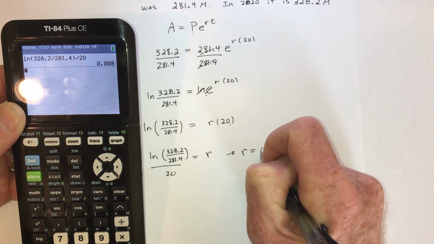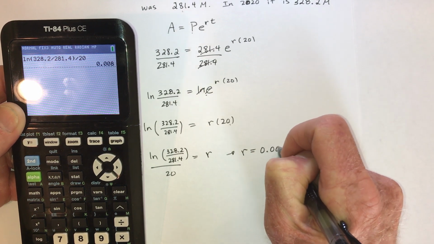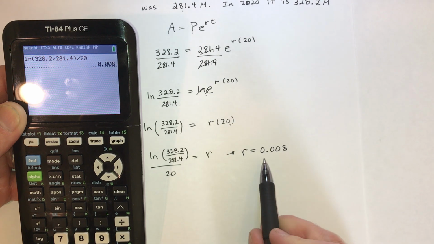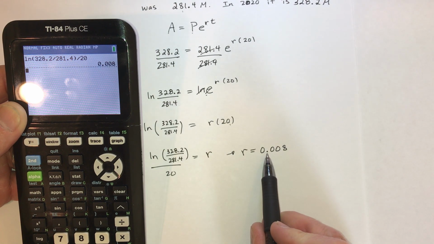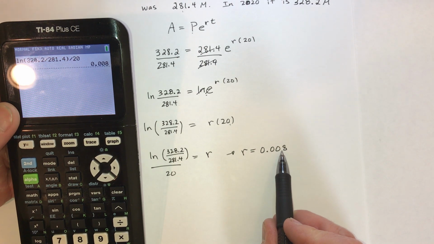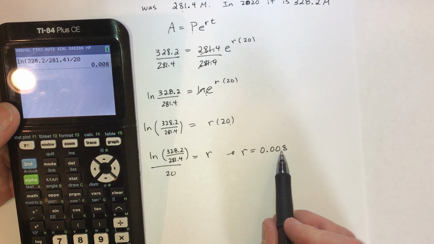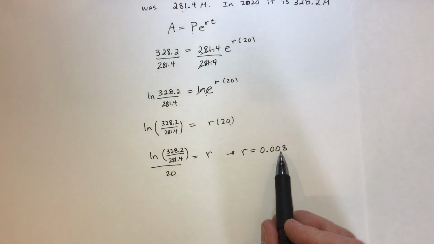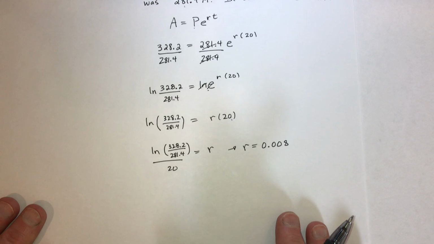So R is equal to 0.008. So if you multiply this by 100 to change it to a percent, that means the United States is growing, or at least has been growing by just 0.8%, a little bit less than 1% per year.